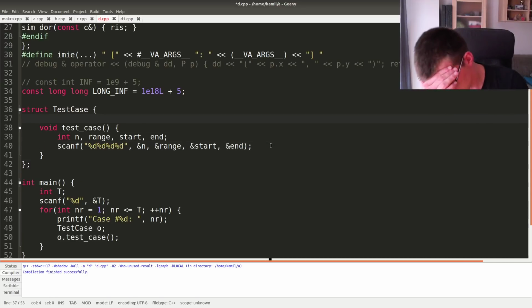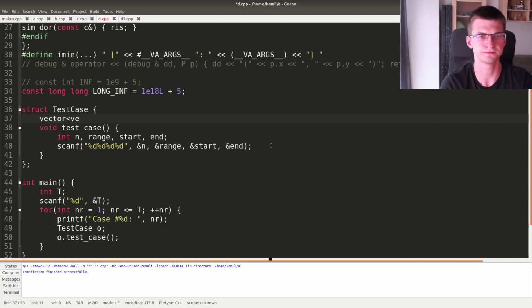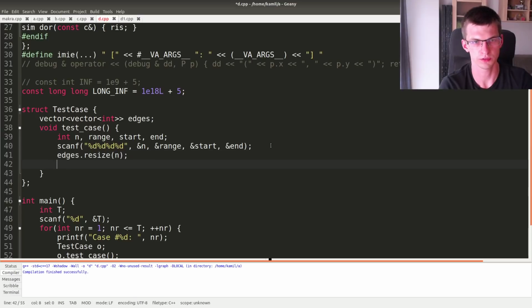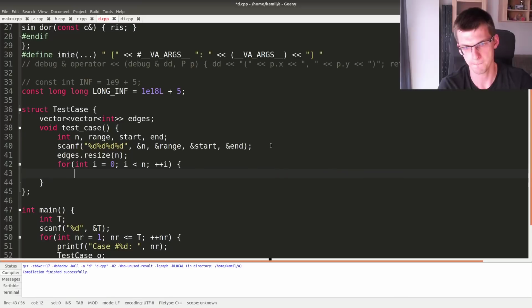Do I need this to be global? Edges should be global. Size n. Read the parent and what cost?